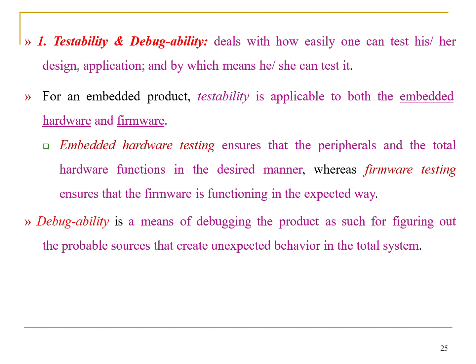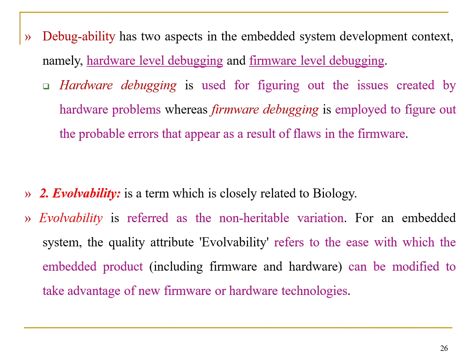When I speak about testability and debuggability, my testing and debugging will happen with respect to hardware as well as software, because my embedded system is made up of hardware as well as software. When the things are tested during the development phase, you call it testability. When the things are done after the product is sold in the market, you call it debuggability.